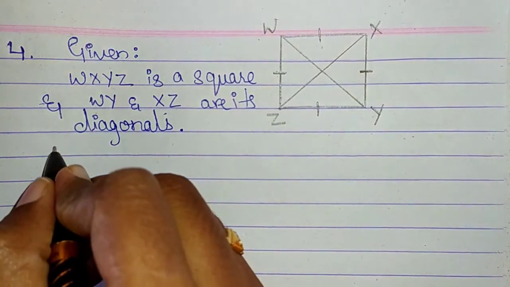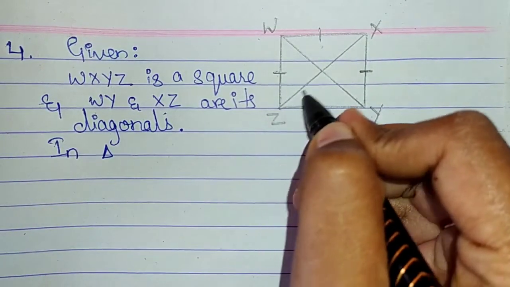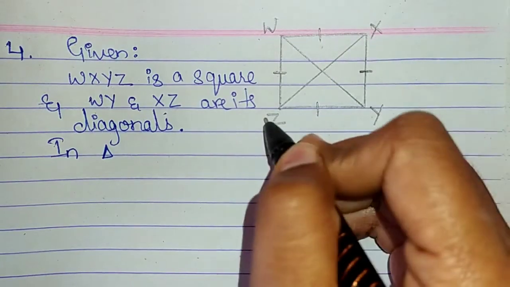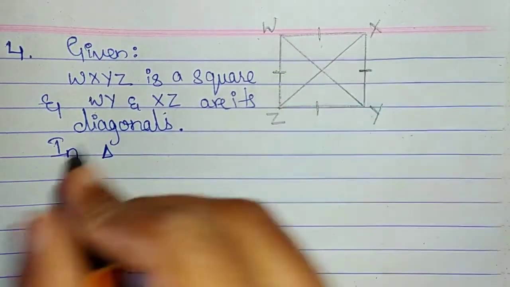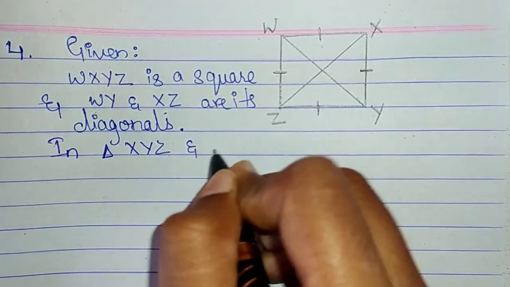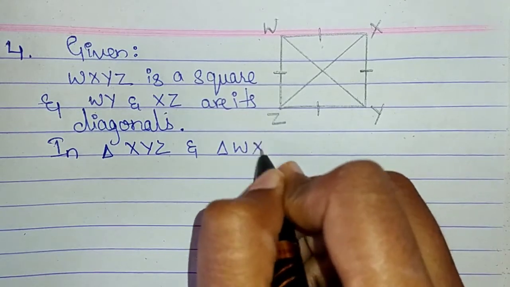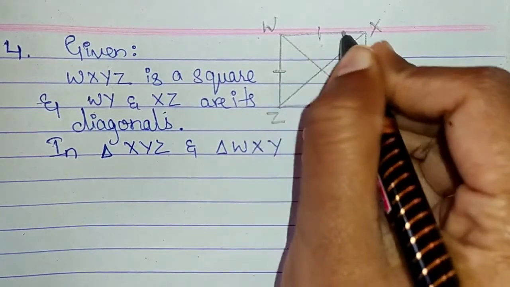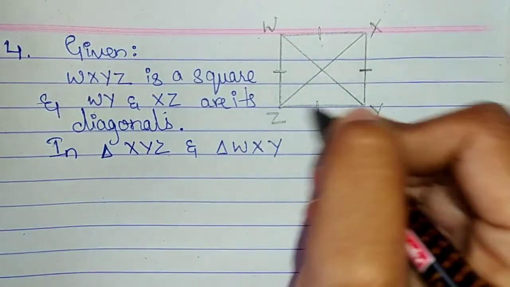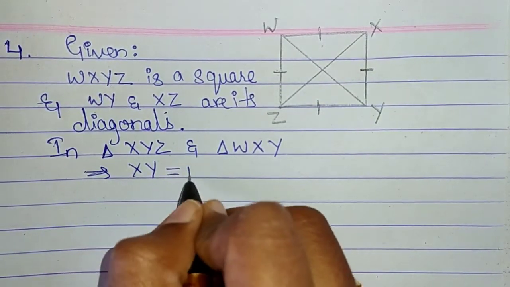So to do that, consider two triangles, that is XYZ and WXY. In triangle XYZ and triangle WXY, we have XY is equal to WX.